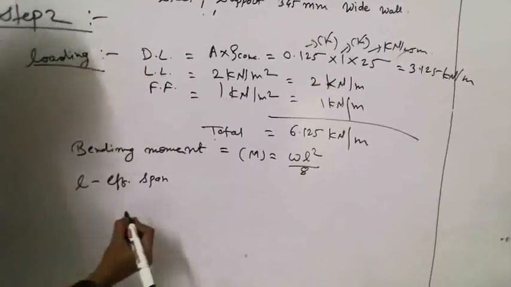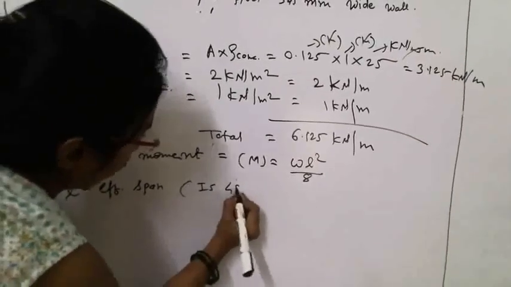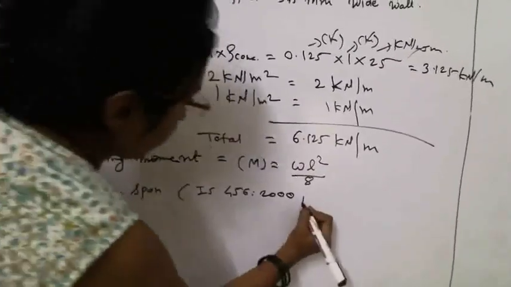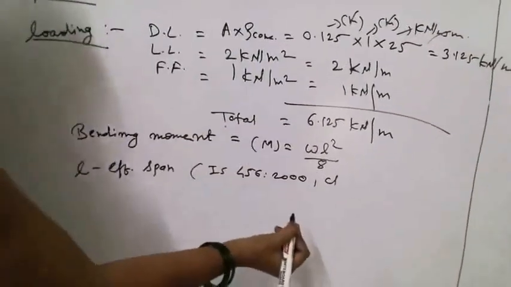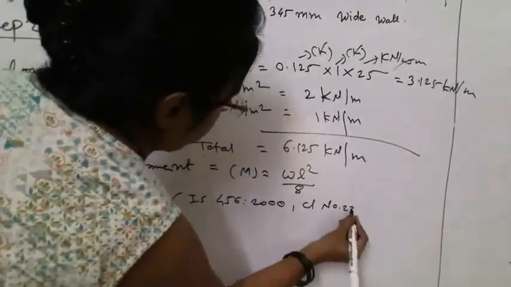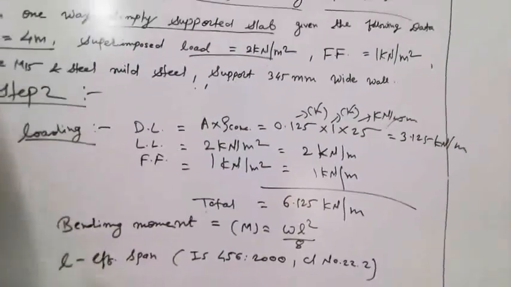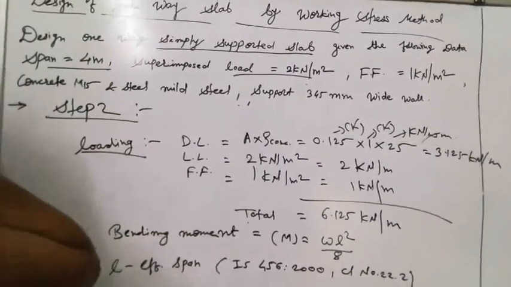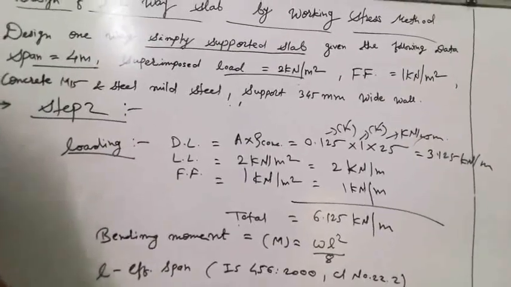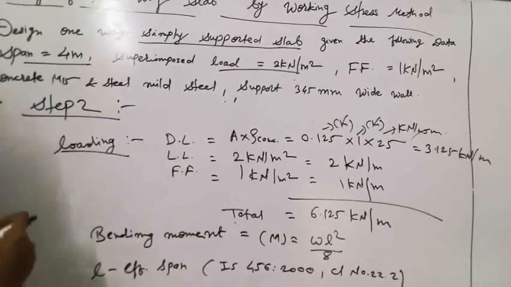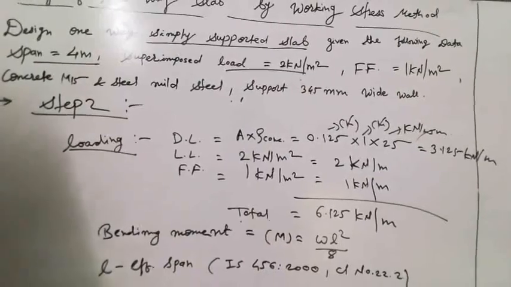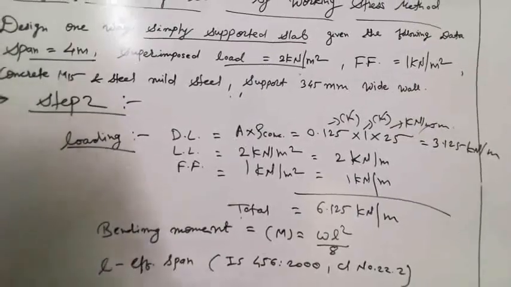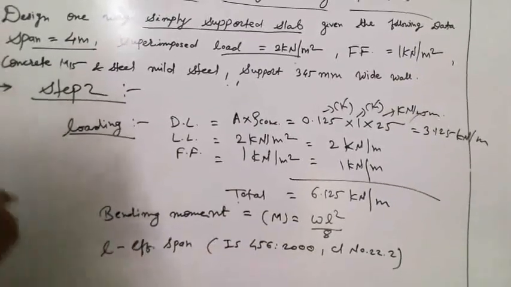In IS 456-2000, clause number 22.2, please open IS 456-2000 and see here, the effective span of a member that is not built integrally with its support shall be taken as the lesser of the following two.